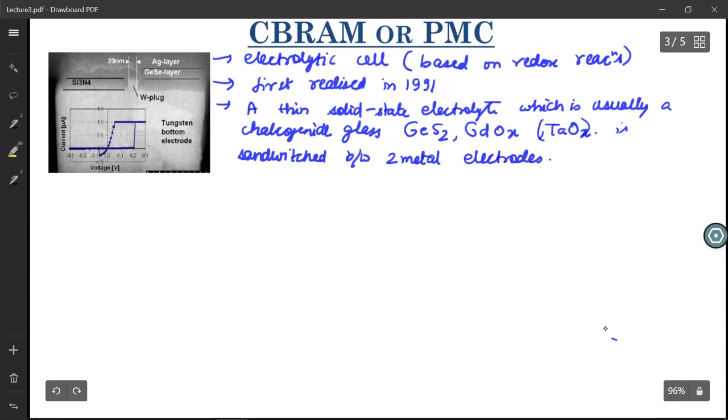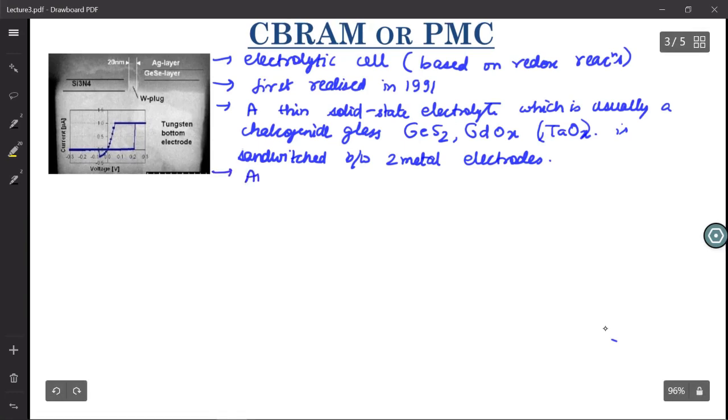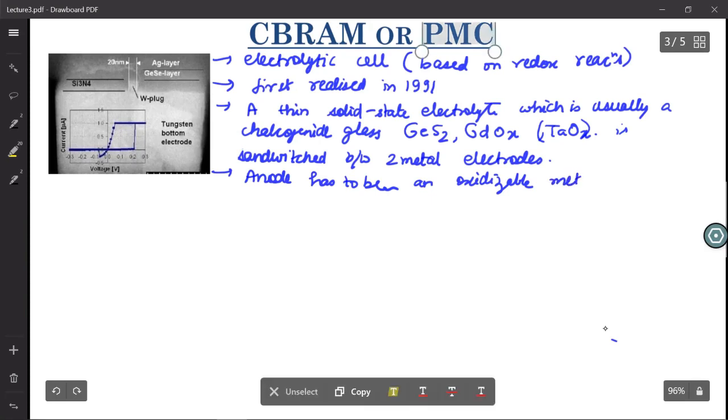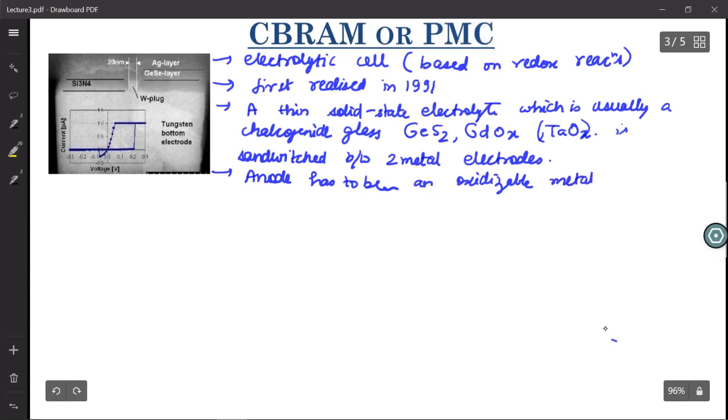What are the properties of those metal electrodes? The first metal electrode, the anode, has to be an oxidizable metal. People typically use silver or copper. And what is the condition on the other electrode?